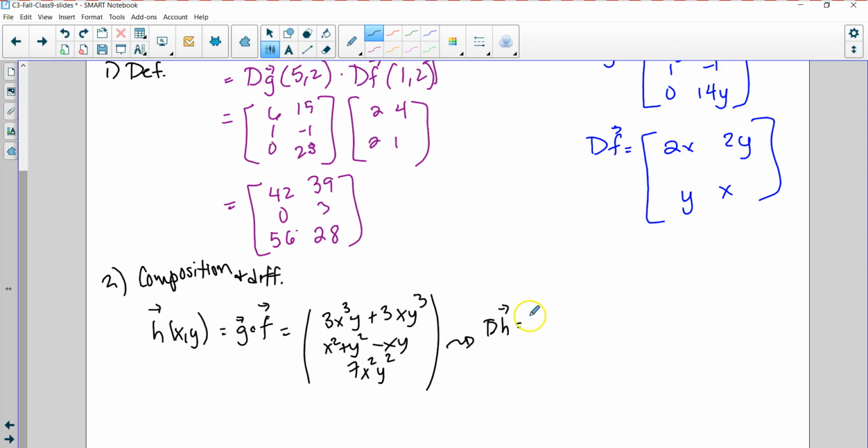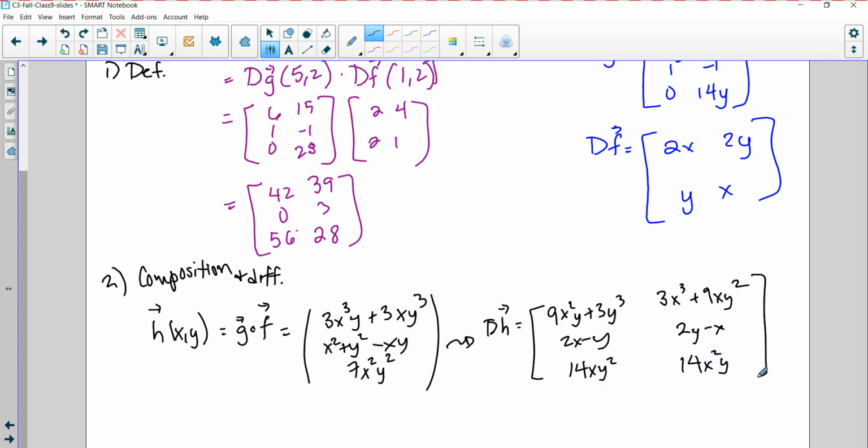What you end up getting here is 9x squared y plus 3y cubed, and then 2x minus y, 14xy squared, and then we get 3x cubed plus 9xy squared, 2y minus x, and then 14x squared y.